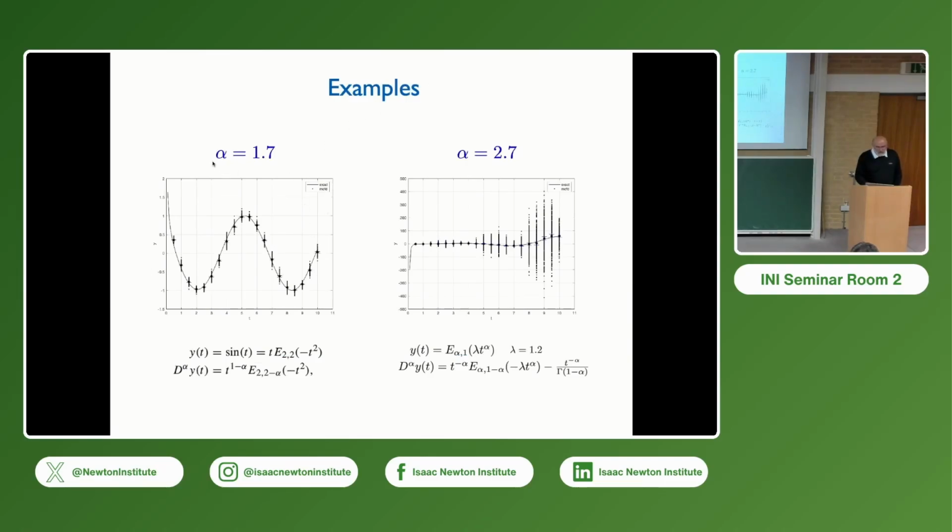Some examples here also. For example, alpha is equal to 1.7, and here is the pair of the function and its derivative of order alpha. The function sine is a particular case of the Mittag-Leffler function. And for the Mittag-Leffler function, we have a very convenient rule for the differentiation. And when we apply that rule, we have this. I told you that the Mittag-Leffler function is a generalized exponential.